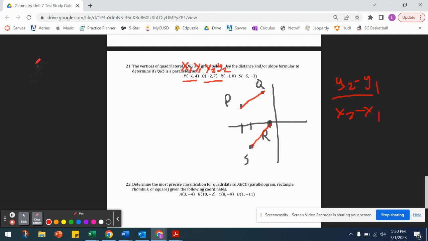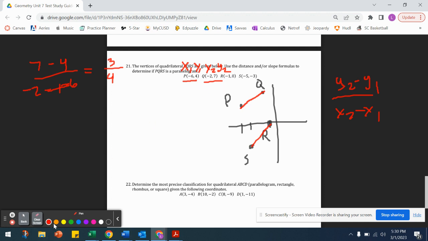So I'm going to get 7 minus y1, which is 4, over x2, which is negative 2, minus negative 6, which is going to give me a double negative that becomes a positive, which is 3 over 4. Okay, that was for PQ.